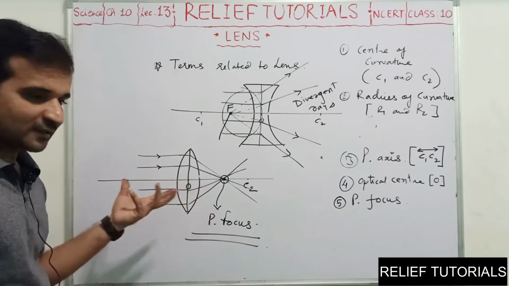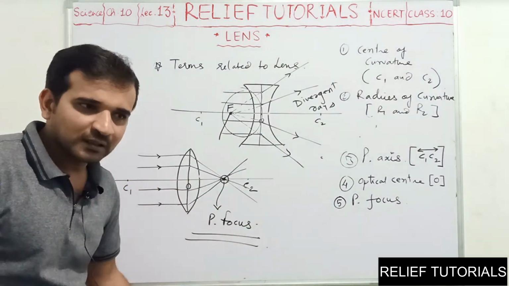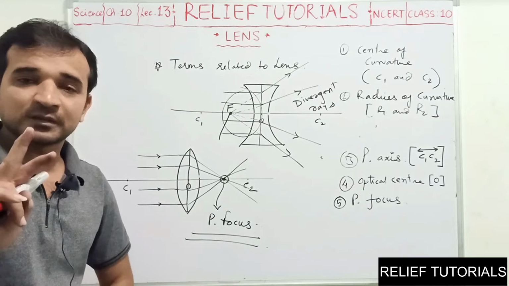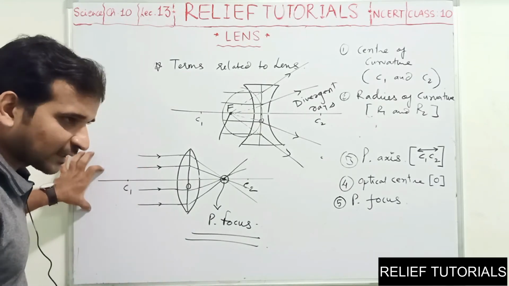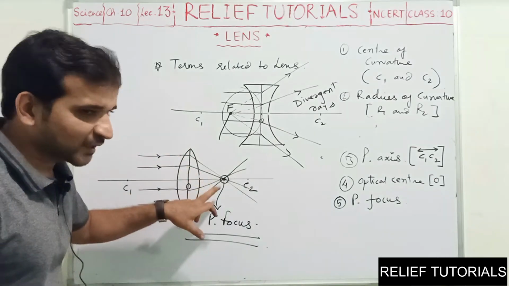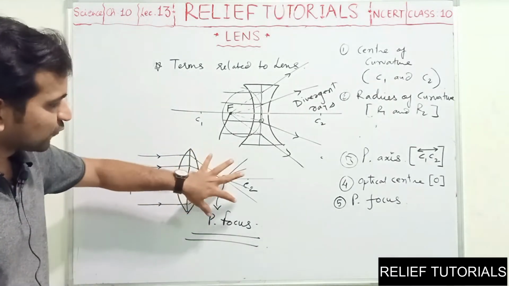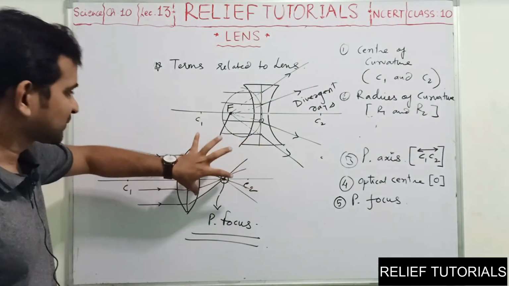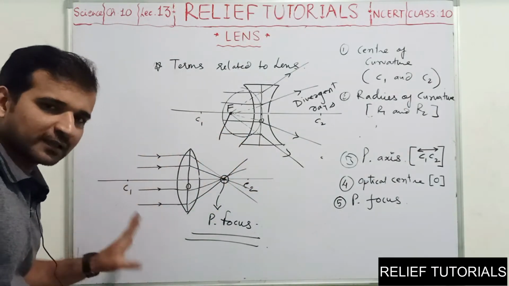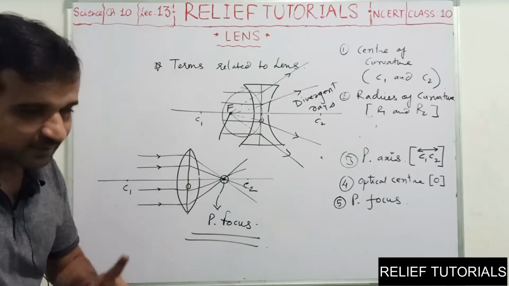Just like the two centers of curvature, obviously there will be two principal foci. If you place the object on the left hand side, its principal focus is on the right hand side. If you place the object on the right hand side, its principal focus will be on the left hand side. Let me repeat again.